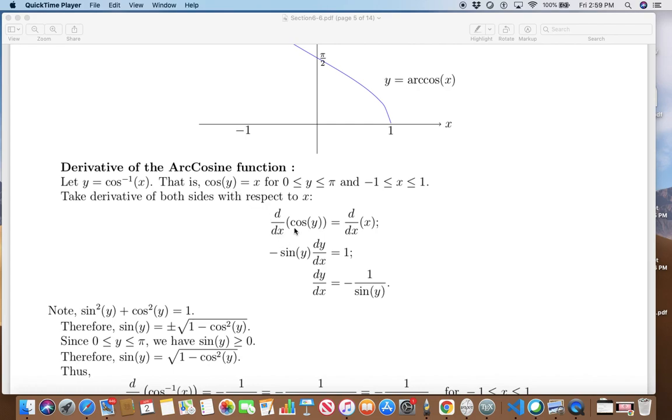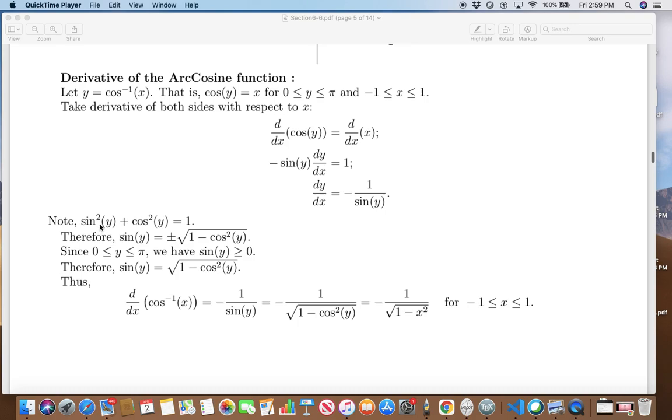The derivative with respect to x of cosine y is the derivative with respect to x of x. The derivative of cosine is negative sine of y, and by chain rule multiply dy/dx. Now y is cosine inverse x, so we want dy/dx. In other words, dy/dx is 1 over negative sine y, so negative 1 by sine y.